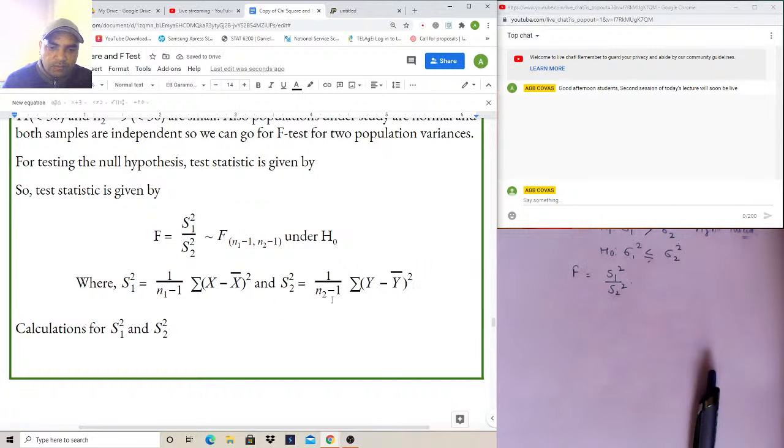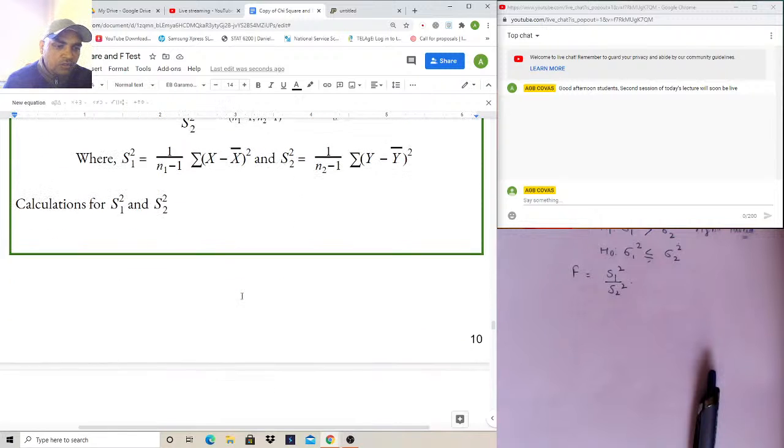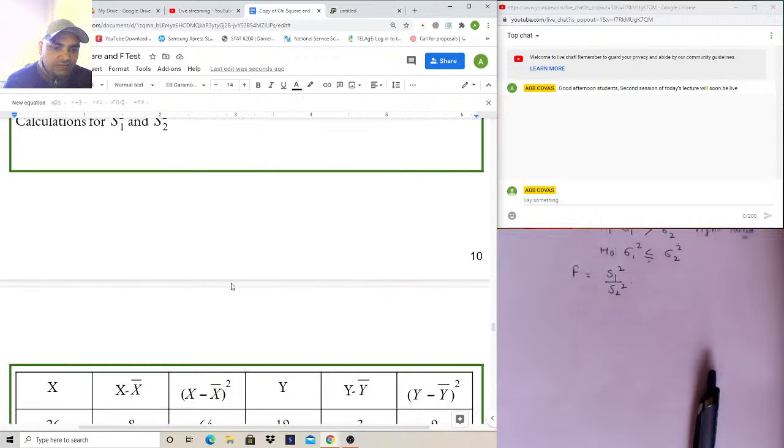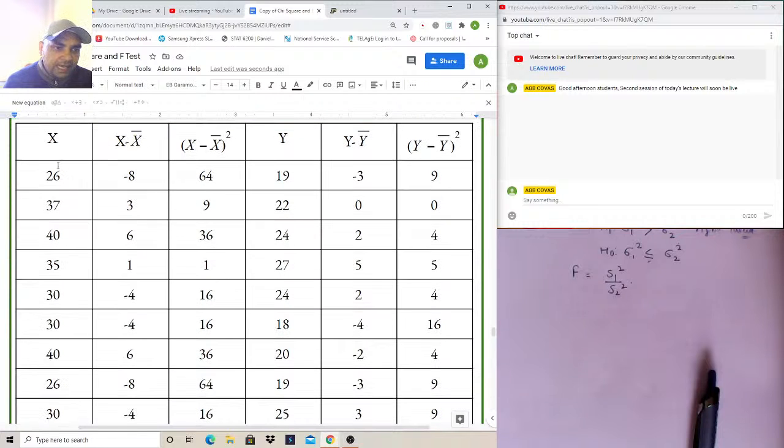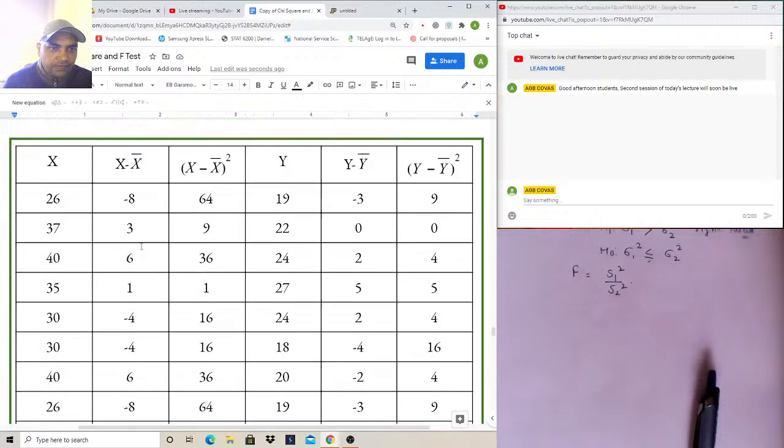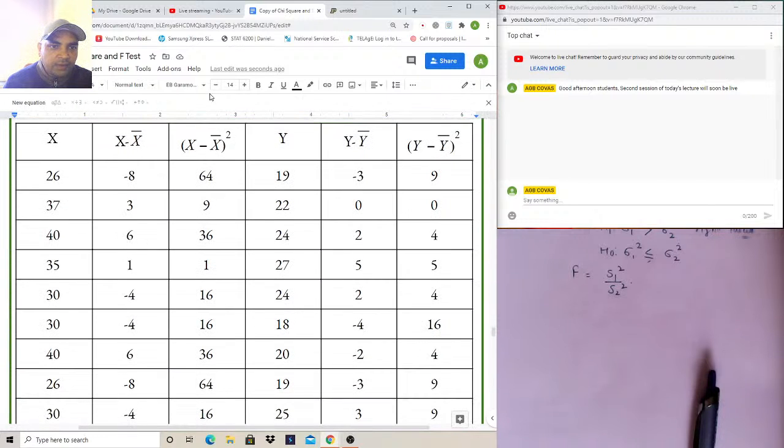S2 square is 1 upon N2 minus 1 into sigma of y minus y bar whole square. So what will be the calculations for S1 and S2? We have this X available with us. I will make it available on one page.